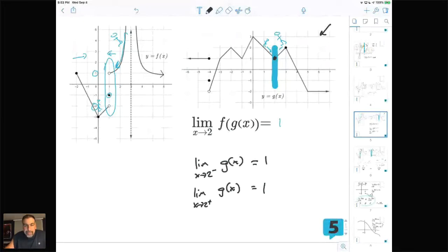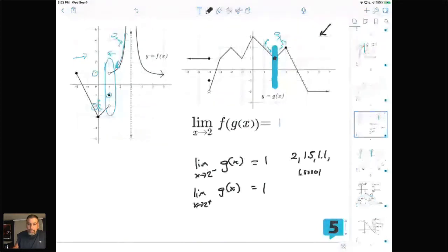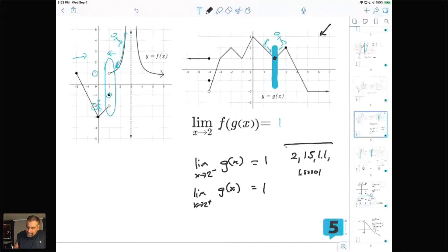But the key to understanding this problem is how we get the 1. How do they approach the 1? In both cases, we're approaching 1 from numbers greater than 1. We're approaching 1 by going from 2 to 1.5 to 1.1 to 1.0001. So that's the key to understand how we're approaching this 1, from above, 2, and then working our way down to 1.